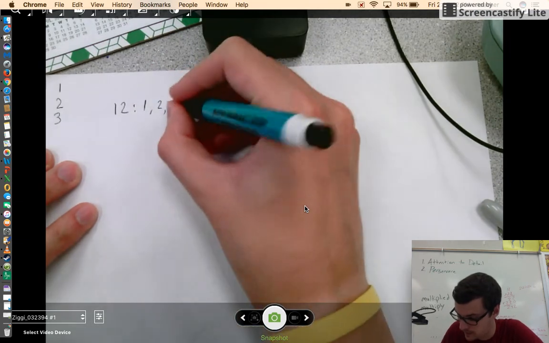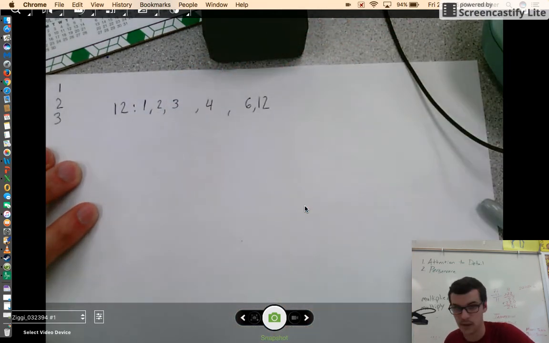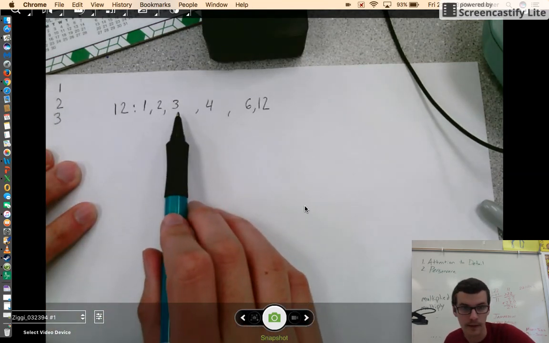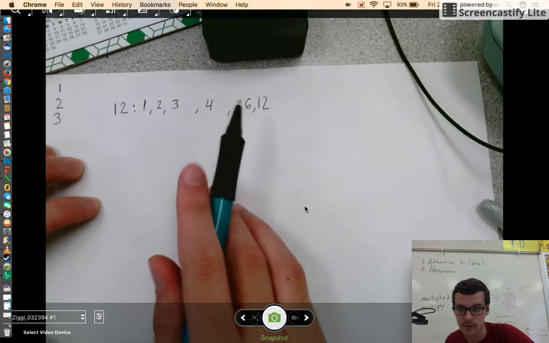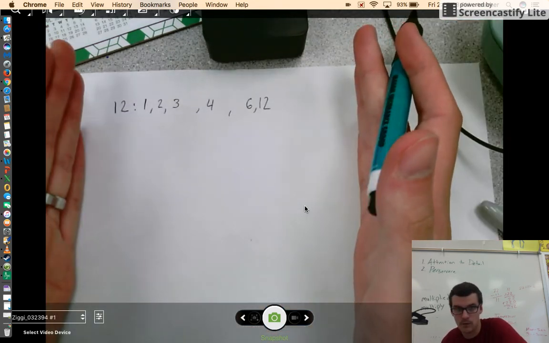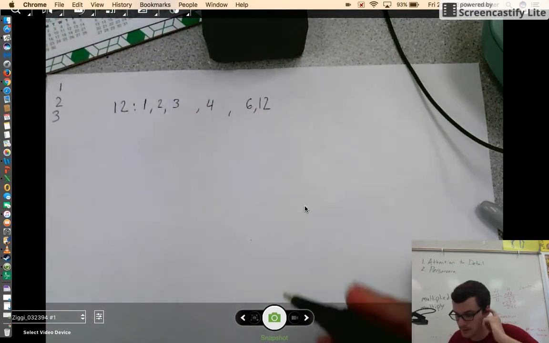I know that 3 times 4 will give me 12. So the only ones I had to check for on this one were 1, 2, and 3, because when I got here, 3 met up with 4. So you're working your way from that number and 1, working your way in and filling in the gaps. Okay, let's look at a different one.